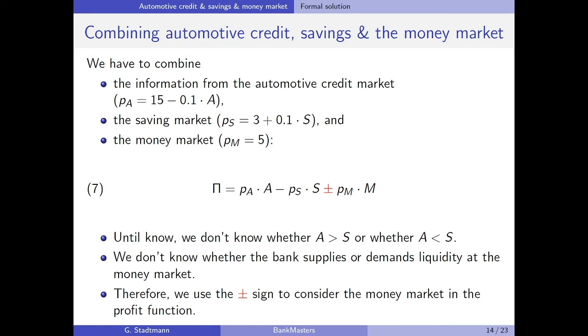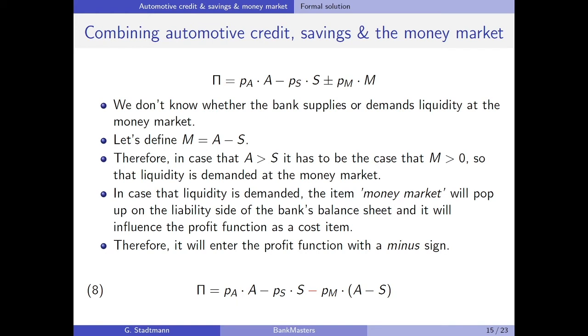Now we do not know whether A is equal to S, greater or less than S. So that's why we are considering whether the bank supplies or demands liquidity, which is not actually given. We do not know the situation. Depending on the situation, we are going to write the sign plus or minus.